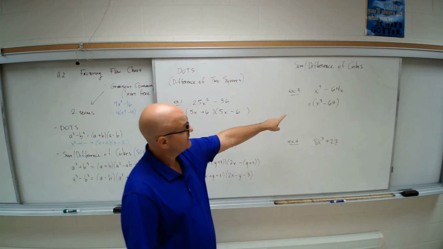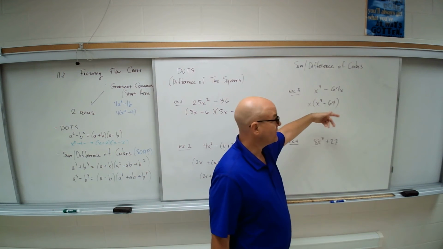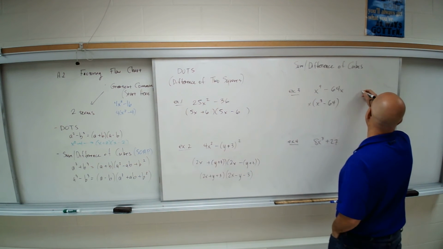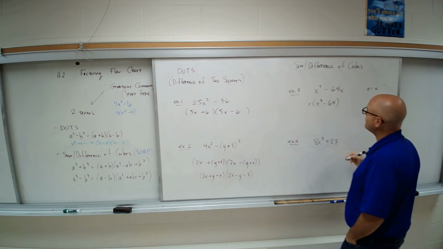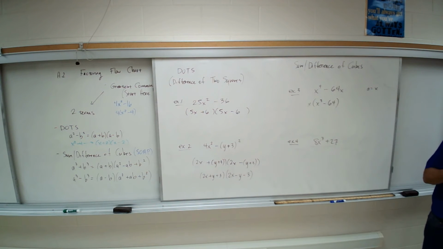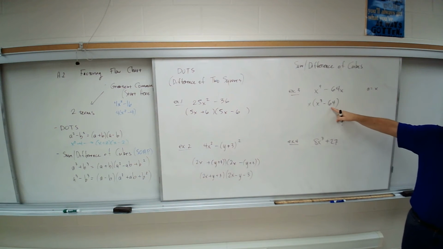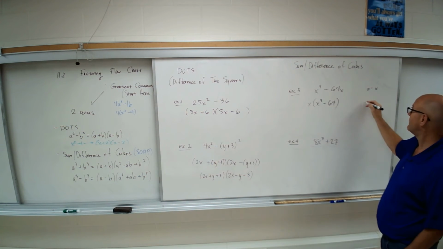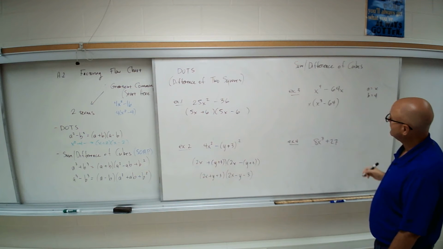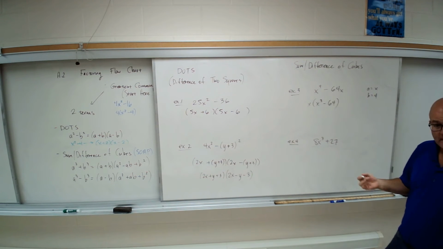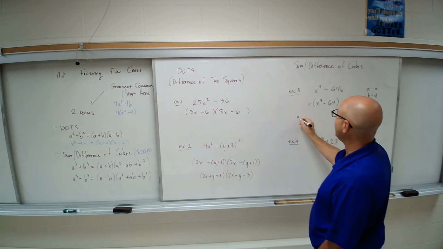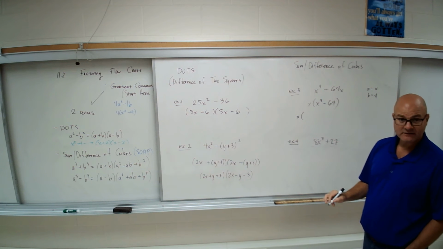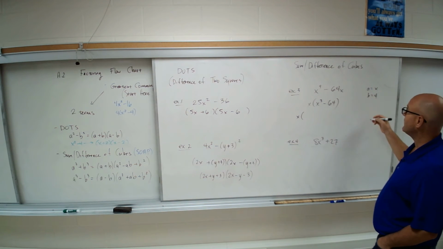With this one, that's just x cubed, so obviously, and I sometimes will even write out to the side, a would be our x term. Right? A is x. B is whatever number was cubed to get you 64, which is 4. Okay, so now to write this out, I'm going to leave that x out there because it has to stay there. I'm going to do a then b.